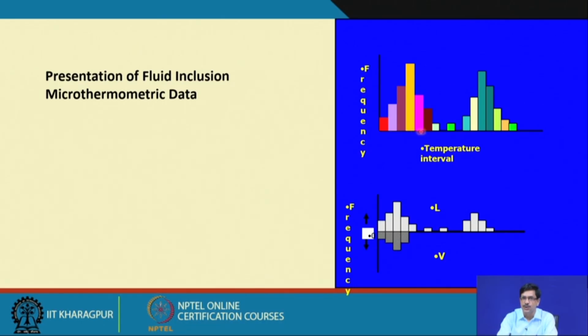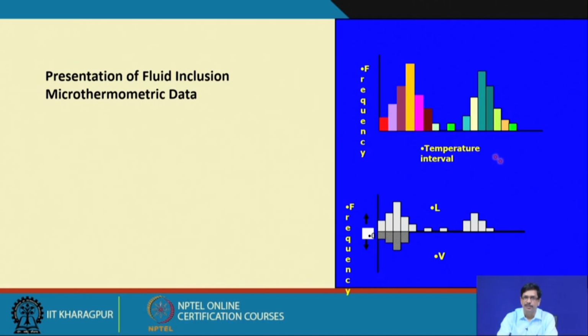We plot them as histograms, and then find out whether this fluid is coming from one such population or from more than one population, with modes or temperature maxima more than one. So, this also gives us some preliminary idea about the process that is involved.